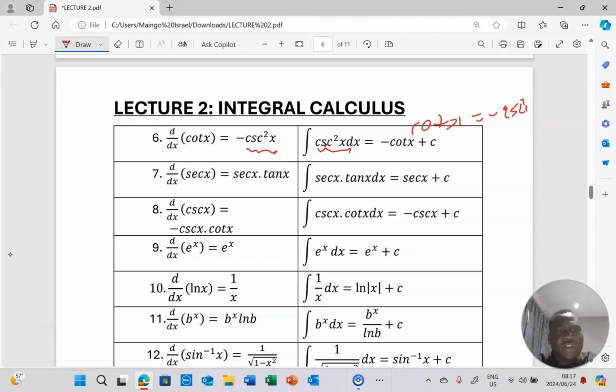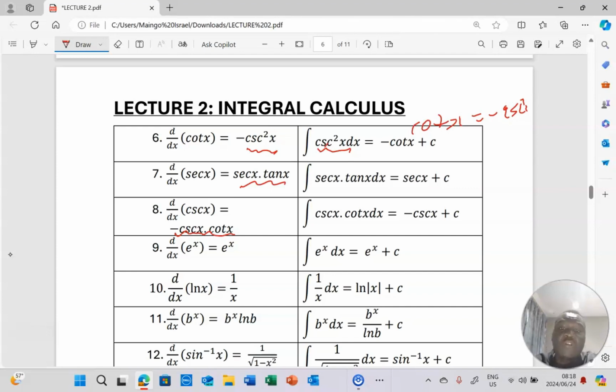Number 7, the derivative of sec x with respect to x is sec x times tan x. But the integral of sec x times tan x dx is sec x plus c. Similarly, the derivative of cosec x with respect to x is negative cosec x times cot x.